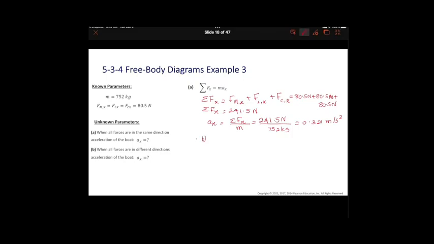So in part B, for Larry and for Curly, the x component is negative because they are pushing in the negative x direction.